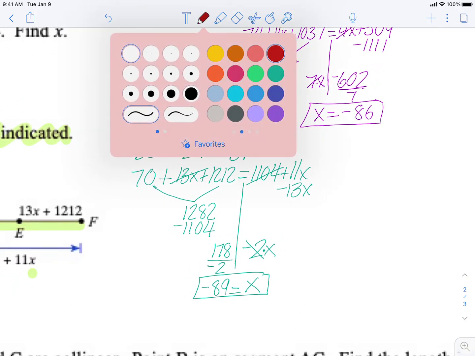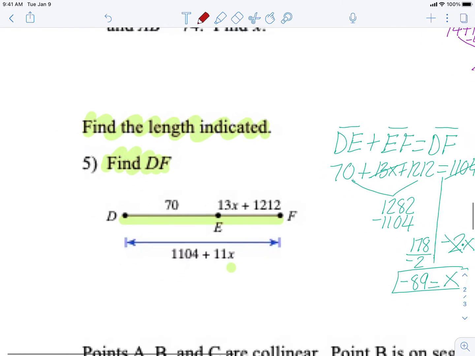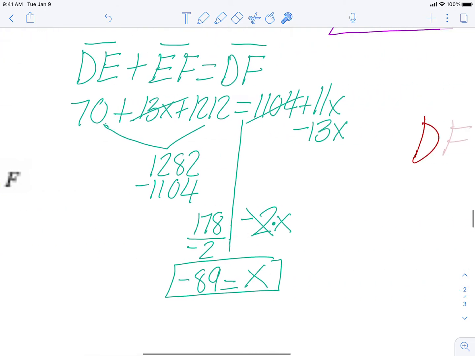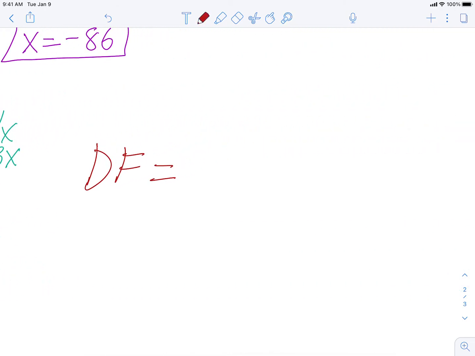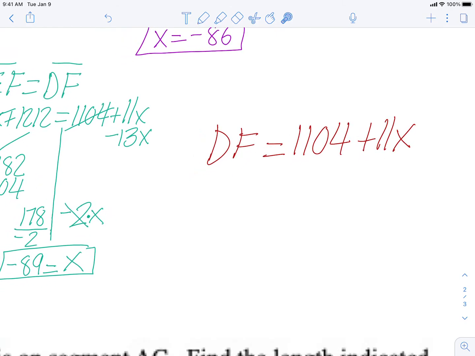So let me change colors here. I'm going to say DF is equal to, well, how much is DF? From D to F is 1104 plus 11x. Well, I know what x is. x is negative 89.